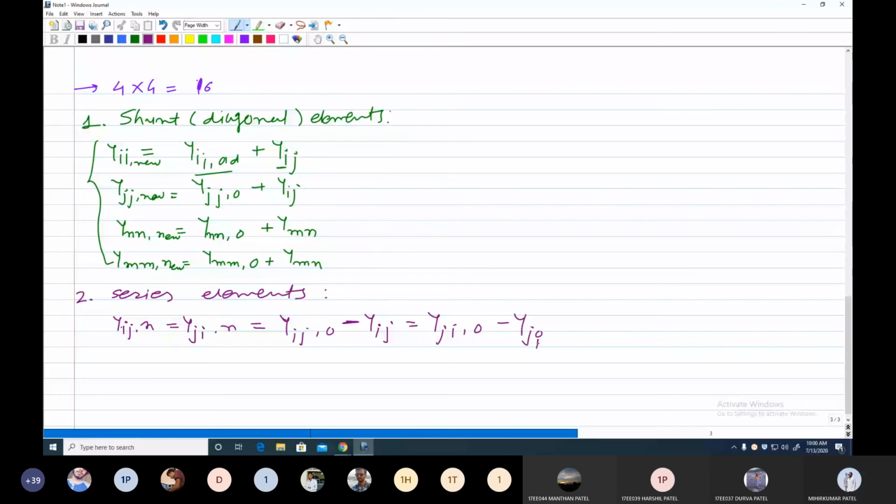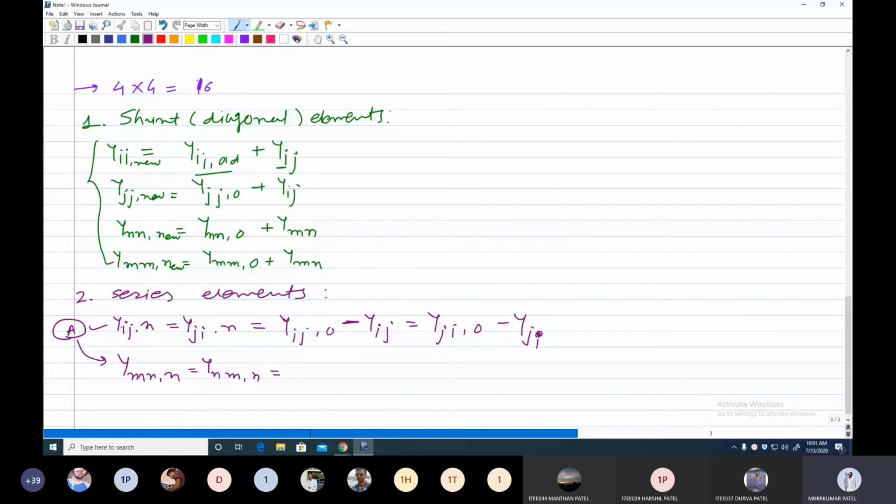Clear? So what is the equation for Ymn new, or we can say Ynm new? Similarly, for this equation number A, you have to write for bus numbers m and n or series element mn.